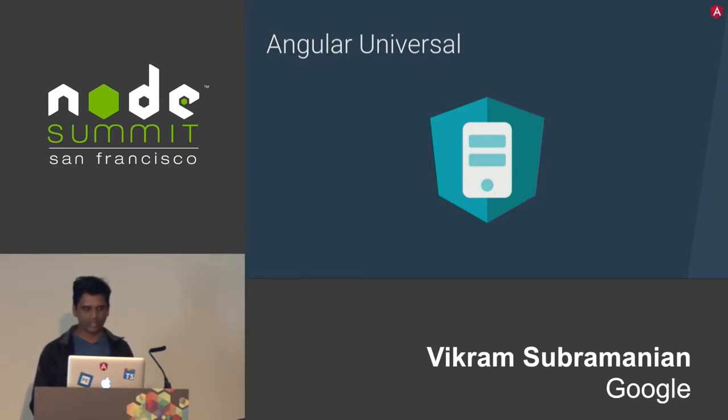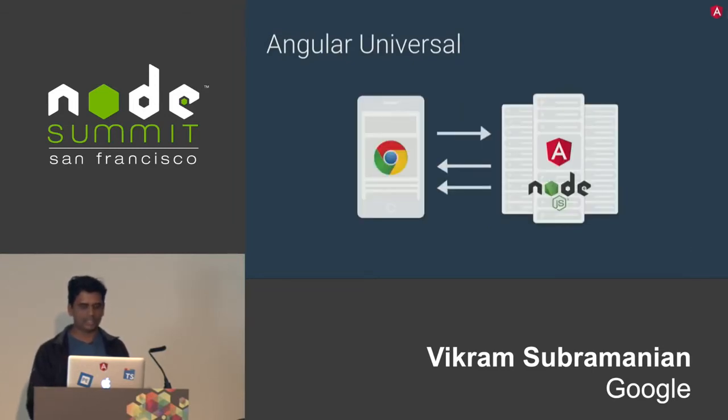So how does it help with the problem? Consider a mobile browser requesting a particular route in your website. At that point, we run your Angular application on Node.js as a universal app.